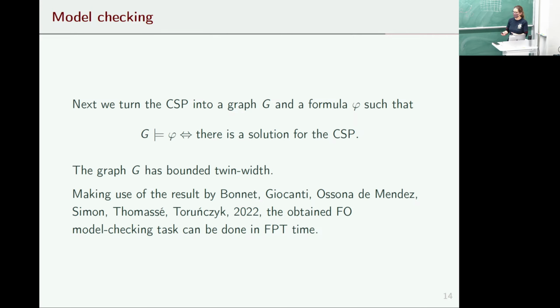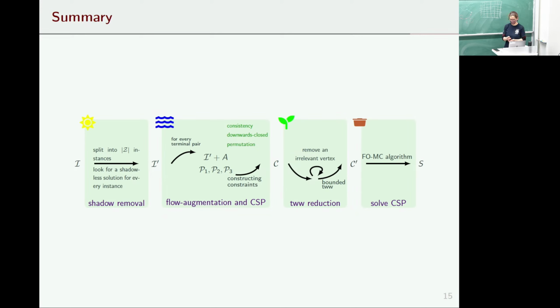Okay, so now we have this CSP that we can check for a solution, which finishes the whole journey around a lot of tools. To recap, in the beginning we split into several instances based on this family of sets. There's one I can delete to get a shadowless solution, so we just try all of them.